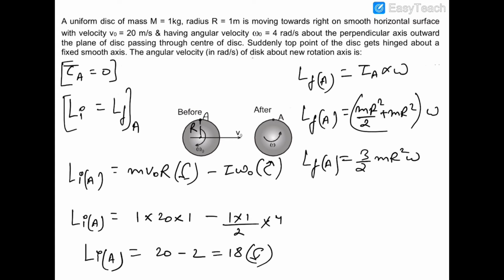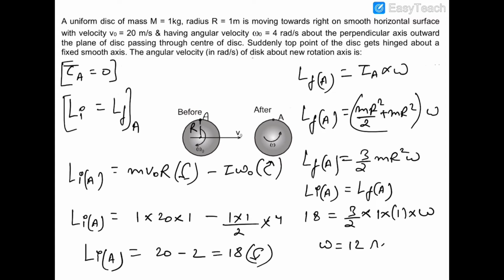So if we balance the initial angular momentum about A and the final angular momentum about A, then 18 is equal to 3 by 2, m is 1, r is 1, and omega we have to find out. So omega is equal to 12 radians per second. So this is the value of angular velocity just after hinging the point A.